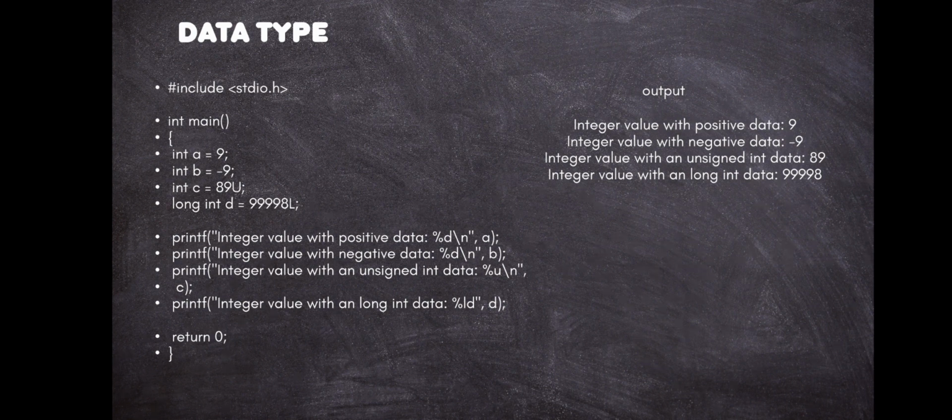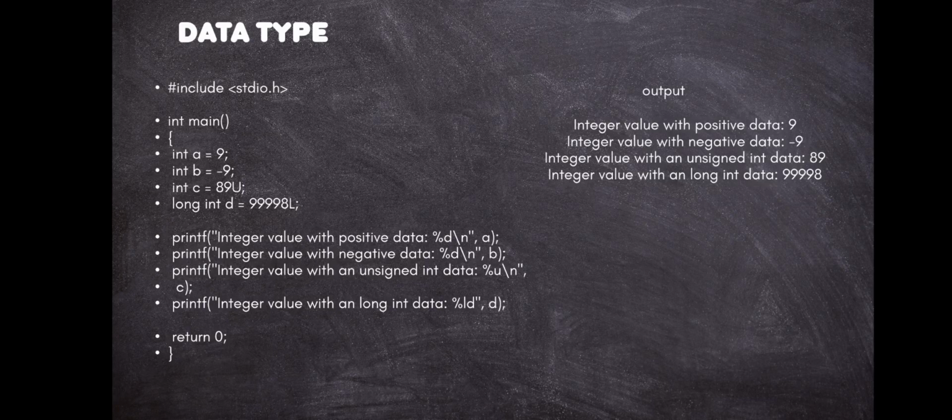Now let's see a simple C program where we are assigning different kinds of values to variables. Int main is where the execution starts from. int a = 9, where we are storing a positive value. int b = -9, where we are storing a negative integer value. int c = 89u, where again we are including an unsigned integer value.